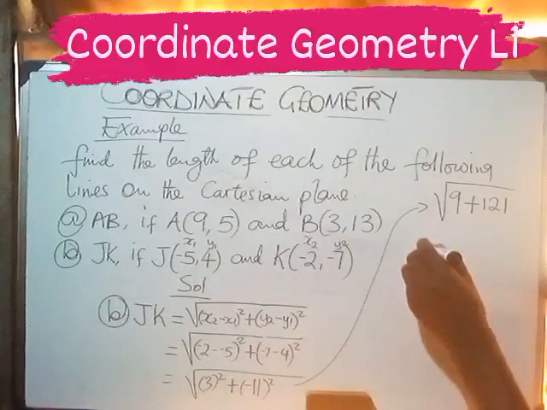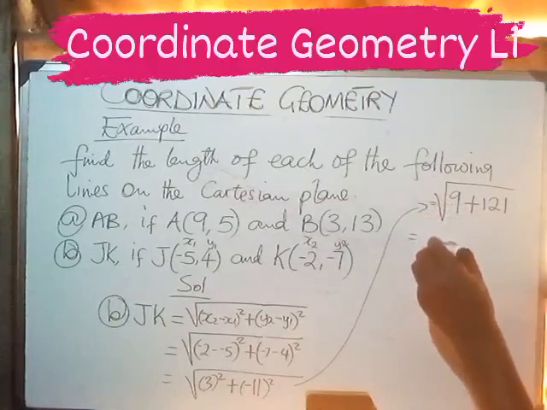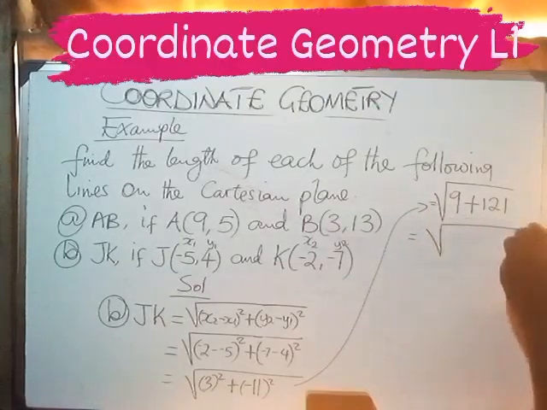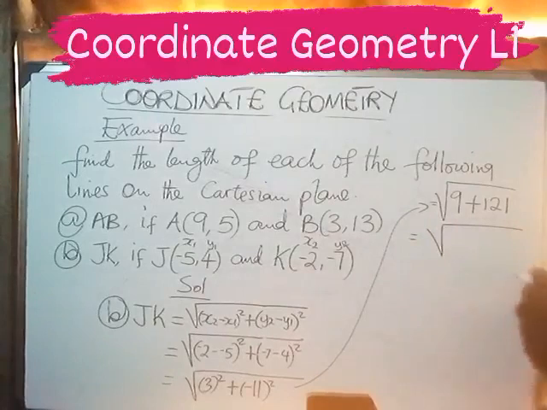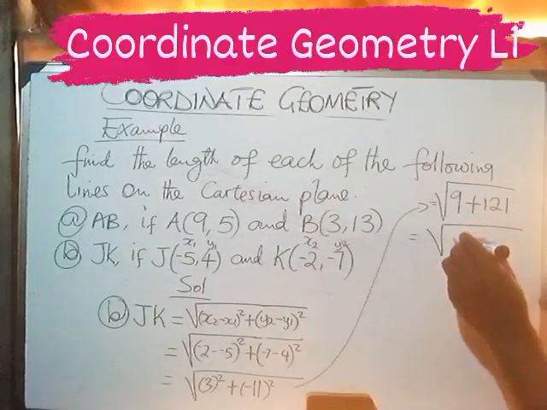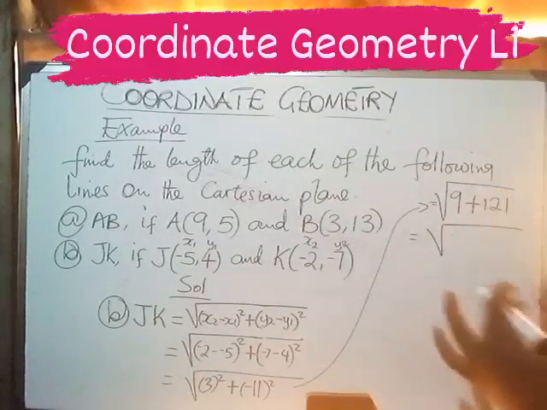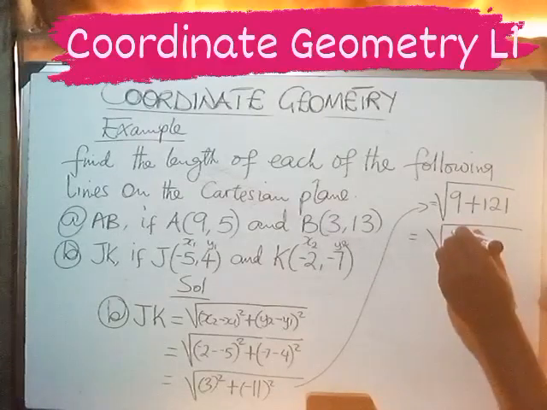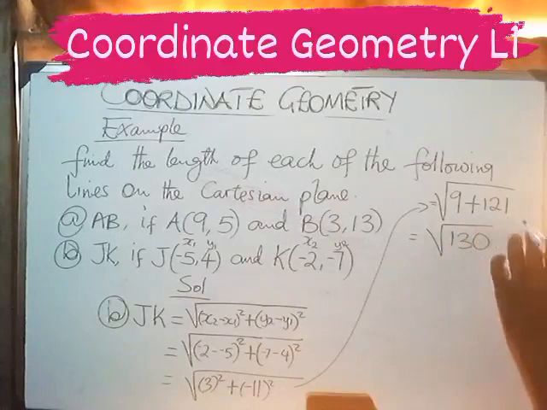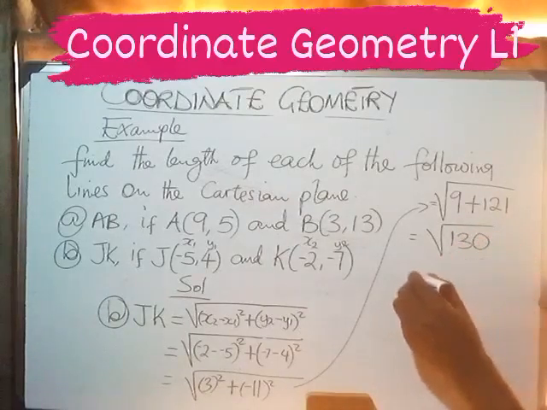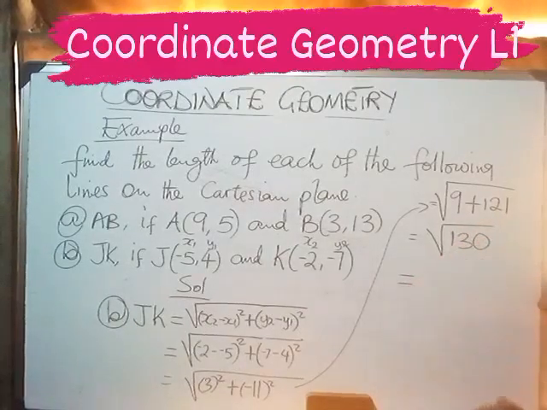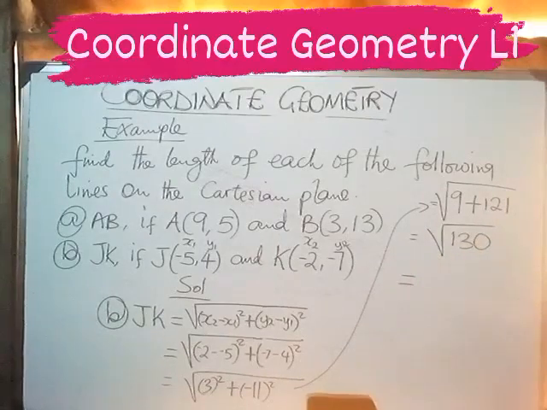Now what is 9 plus 121? The answer is 130. So now the square root of 130, the answer is there.